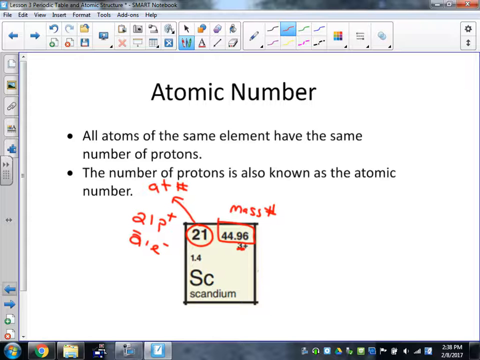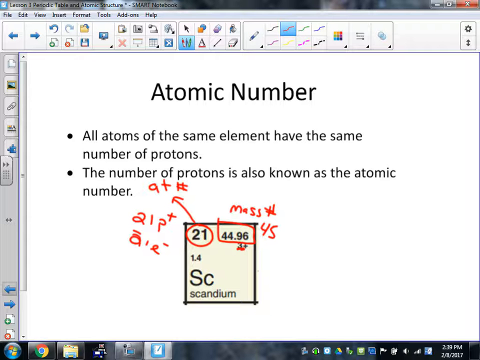Mass numbers are a little confusing because you'll see it's 44.96. What we're going to do is round that up or down, so you're going to have to do a little rounding here. We'll call that 45. What that means is this entire atom weighs 45 altogether.